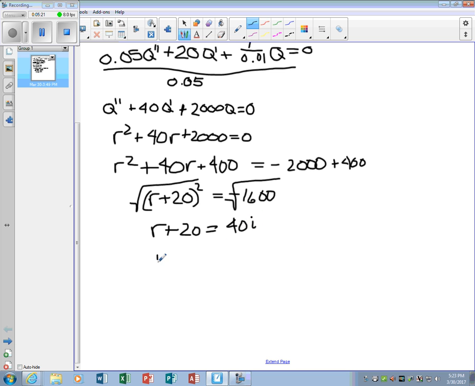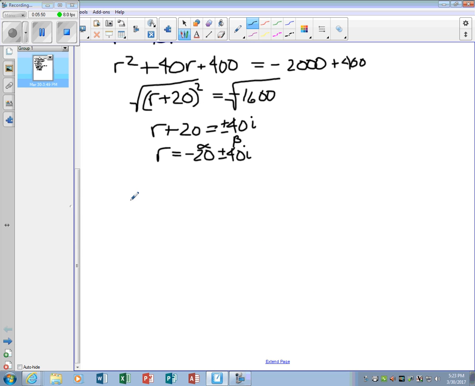So r equals negative 20 plus or minus 40i. Nice thing now is this is our alpha, this is our beta, and we're going to construct our general solution for the charge.